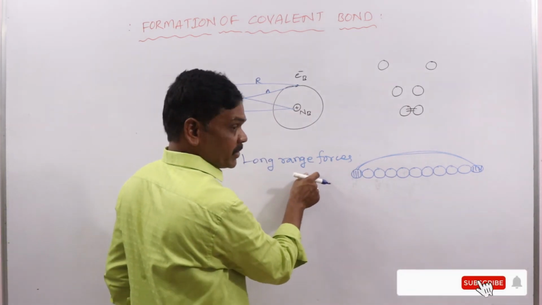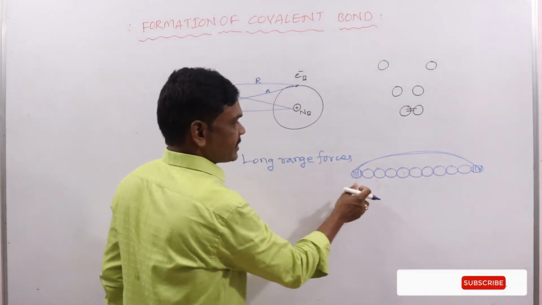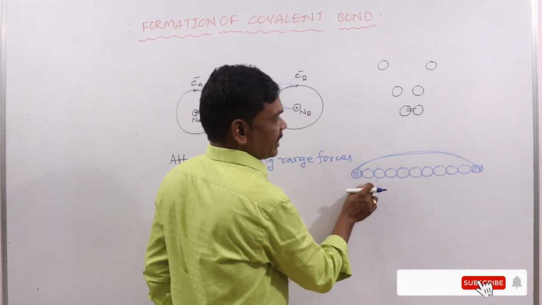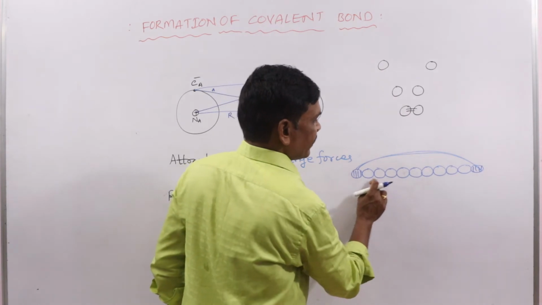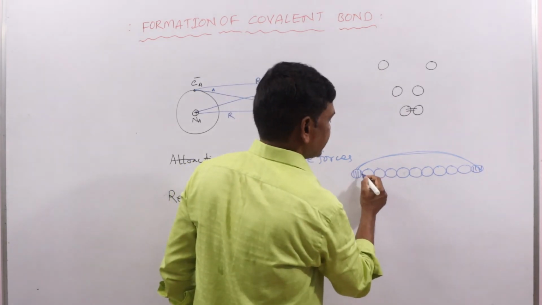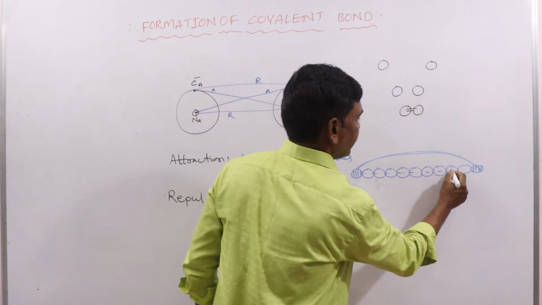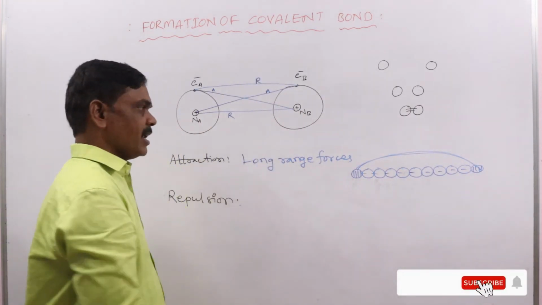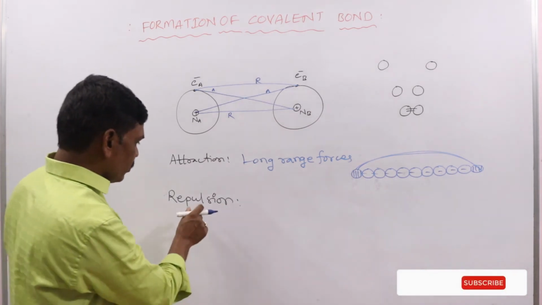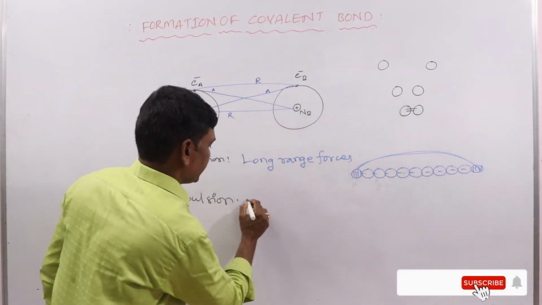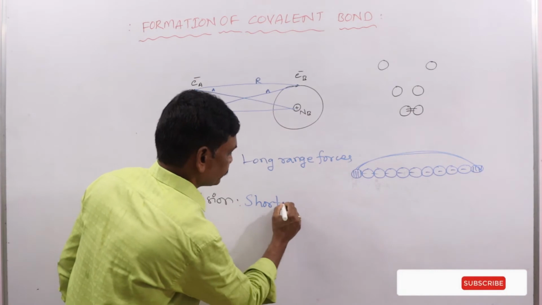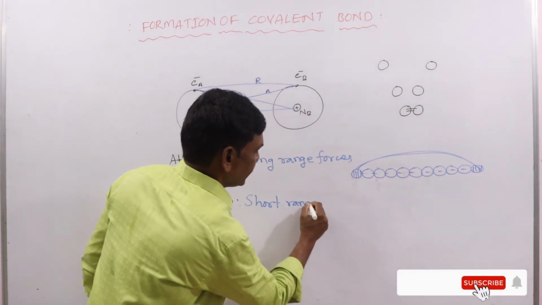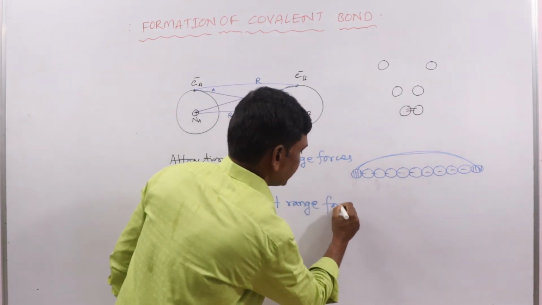So what are long range forces? Attractions that work up to several atomic diameters, like atoms 1, 2, 3, 4, 5, 6, 7, 8, 9. This is known as long range forces. Repulsions are short range forces.